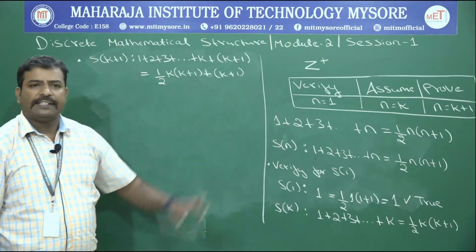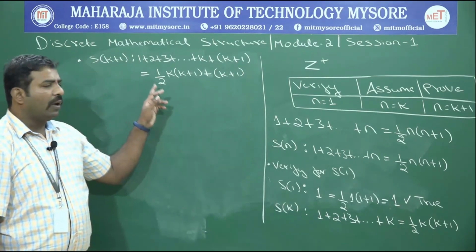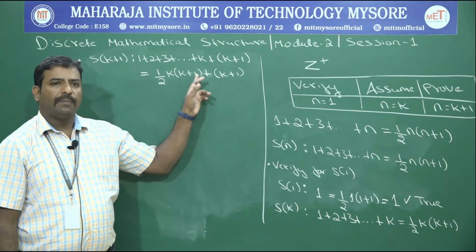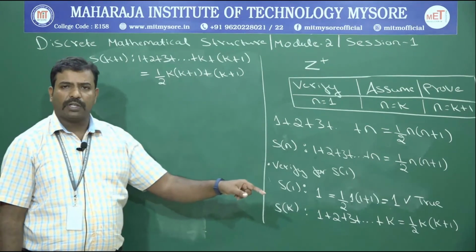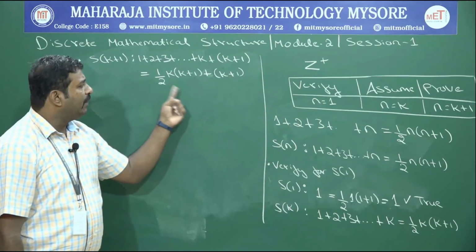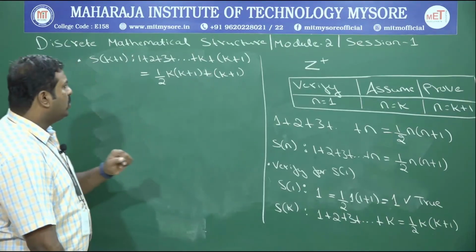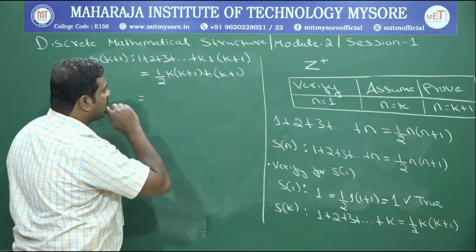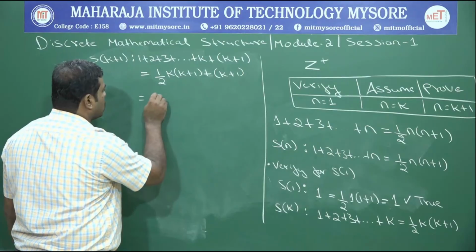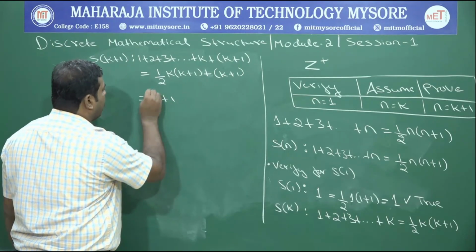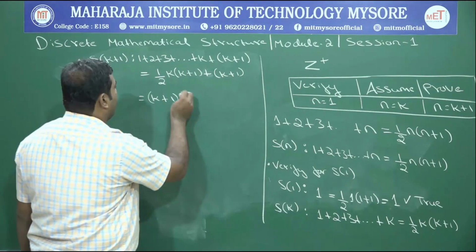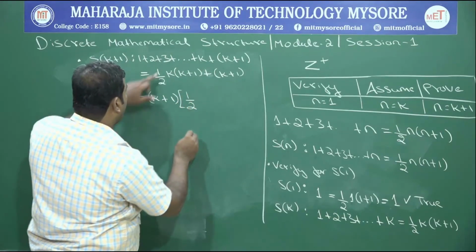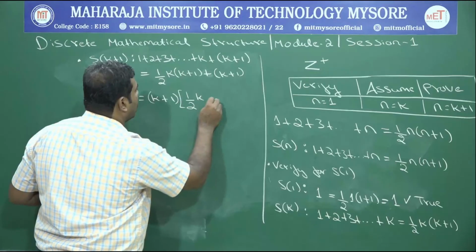Now this is what exactly you are going to do. So 1 by 2 k of k plus 1 plus k plus 1. So this is the statement that I am going to make. Now I need to simplify and prove this. So to simplify this, I am going to take the common term, which is going to be k plus 1, and multiply this with 1 by 2 into k.